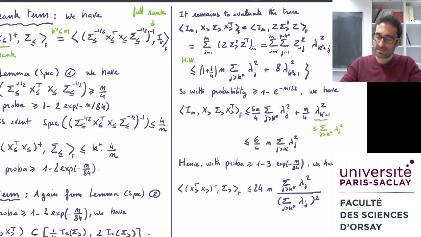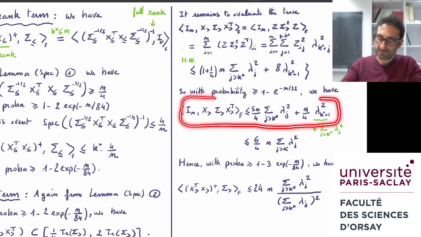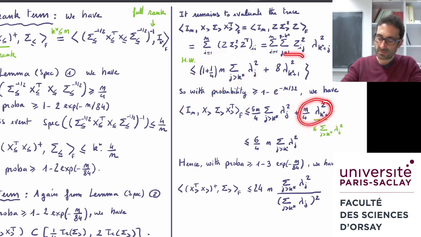So by using the fact that the probability that psi is larger than n over 32 is smaller than exponential minus n over 32, we can upper bound this term by this term. So we end up having here a bound which is like this. Okay, so this term corresponds to this term, and this term corresponds to this term.